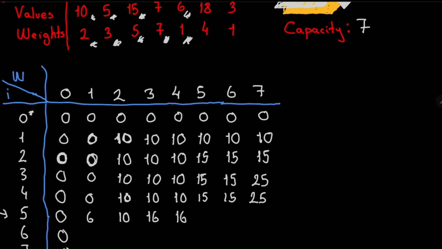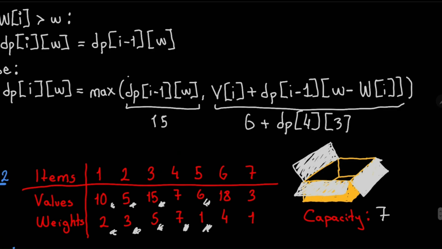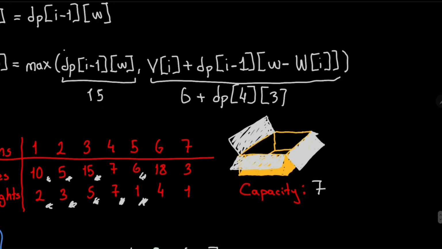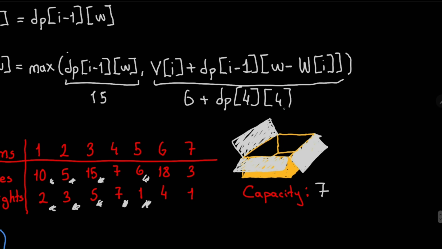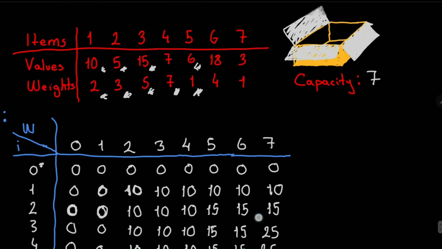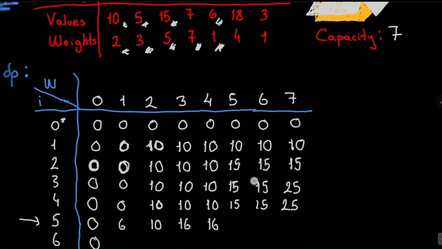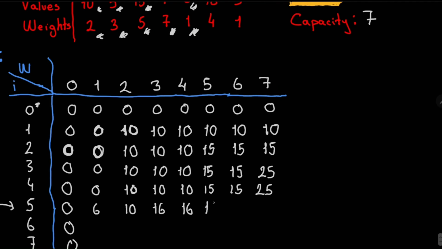When we have the current capacity 5, let's update it. The previous row is 15. 5 minus 1 is 4, so dp[4] of 4, which is 10. Again, 16 is greater than 15, so we are taking.